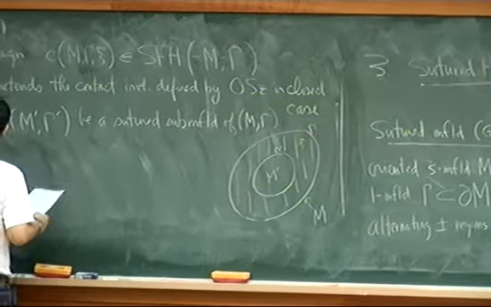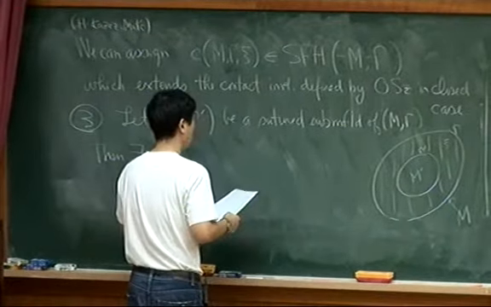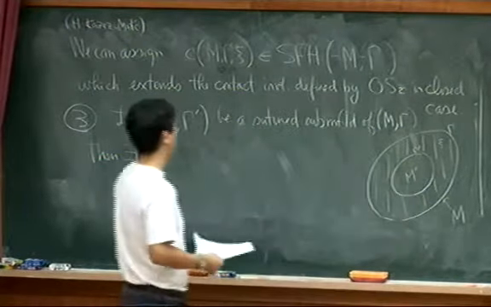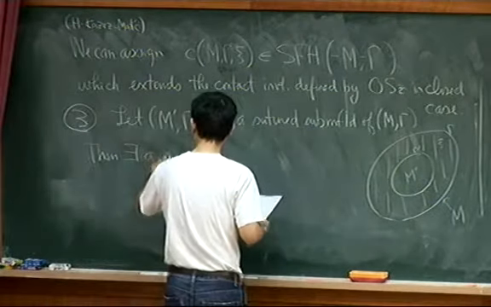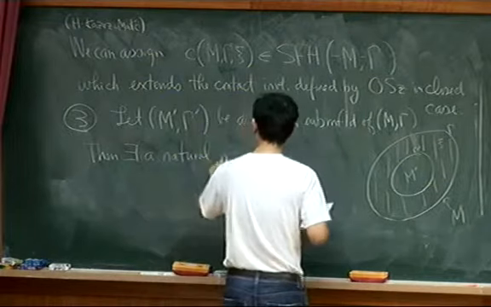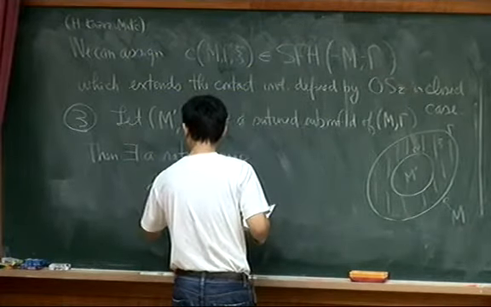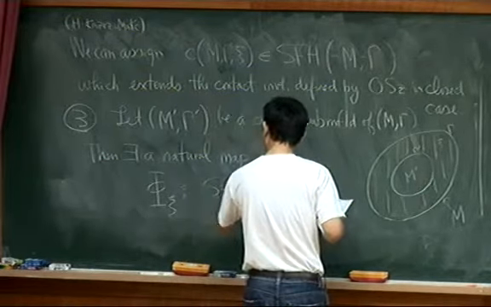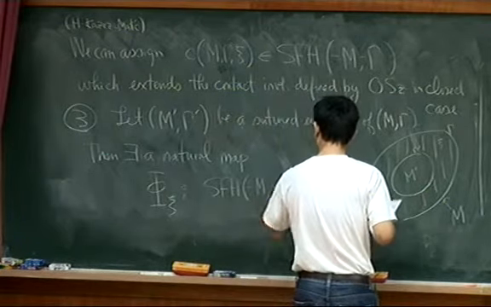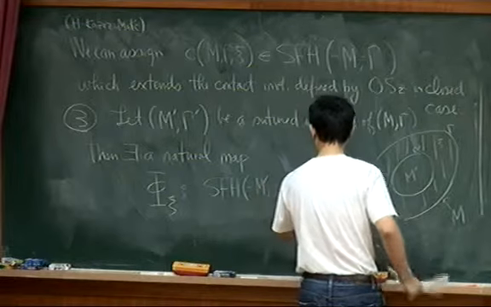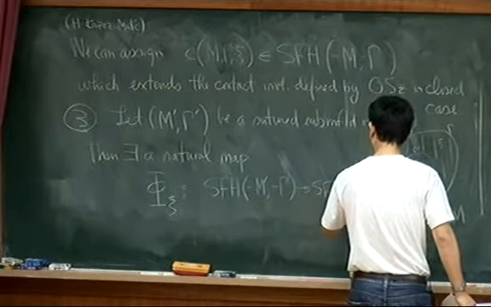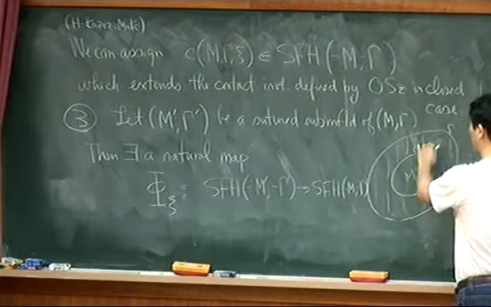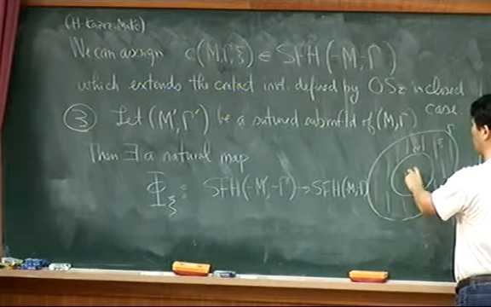Then, and I won't say anything about xi, I'll just write xi here to mean it has the properties you want, there exists a natural map phi, which depends on xi, which takes you from the sutured Floer homology group of (-M', -gamma') to SFH of (-M, -gamma). So if I'm given xi, I have a map from the smaller one to the bigger one.